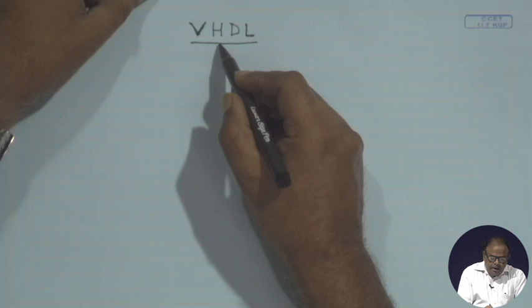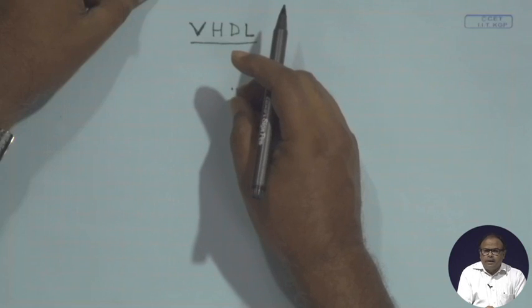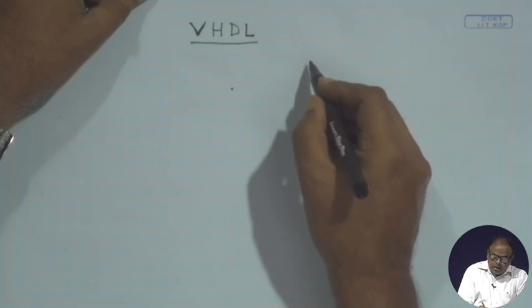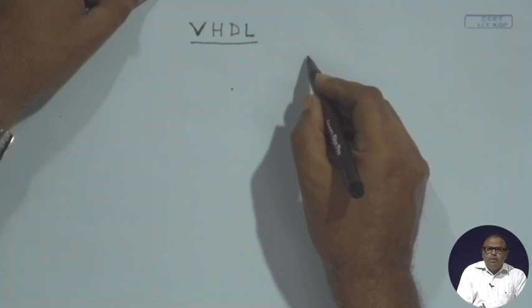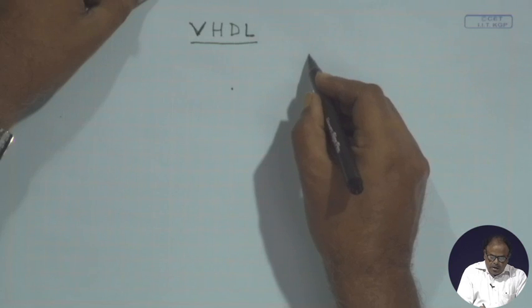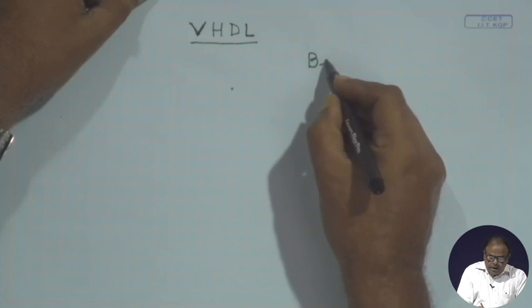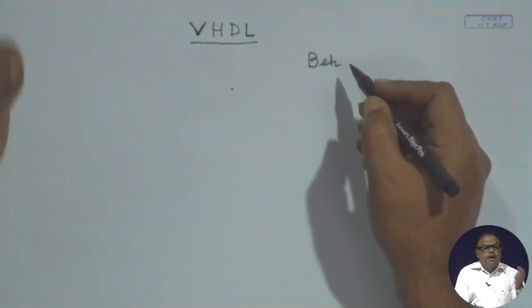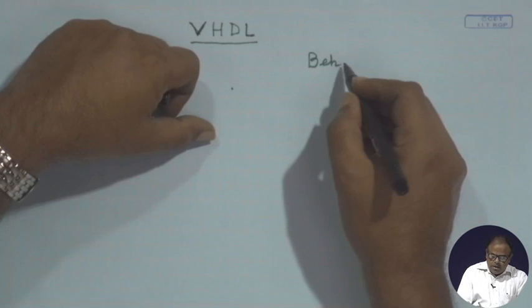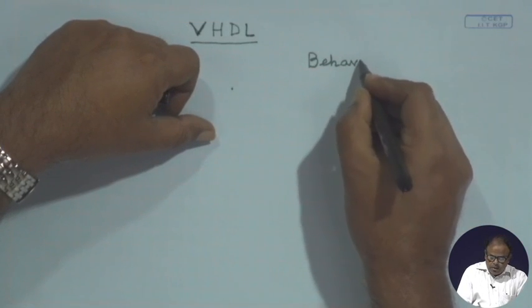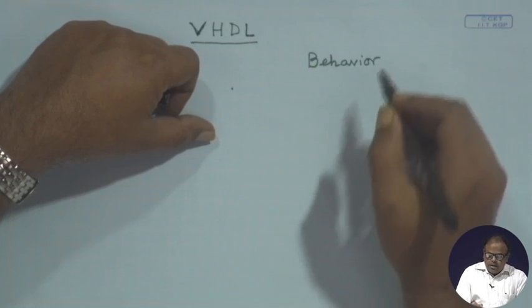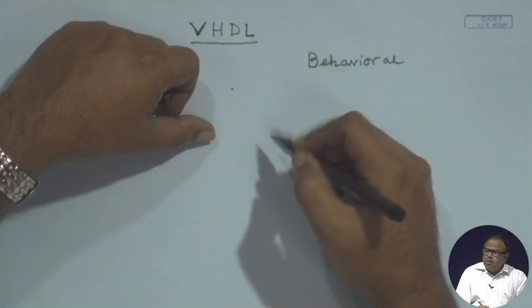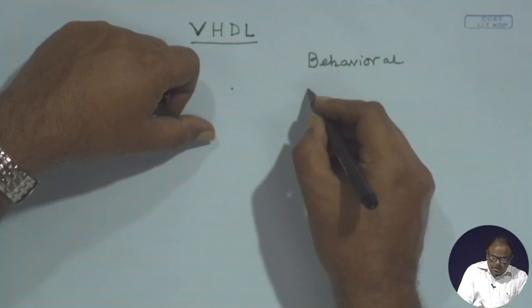Now, it can be at different levels. I can describe a circuit. We will talk about that later when we talk about modeling, but if you remember Gajski's Y chart, you will remember that we can have a behavioral description, what it does, and a structural description.